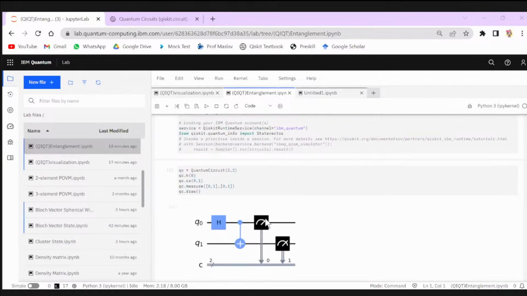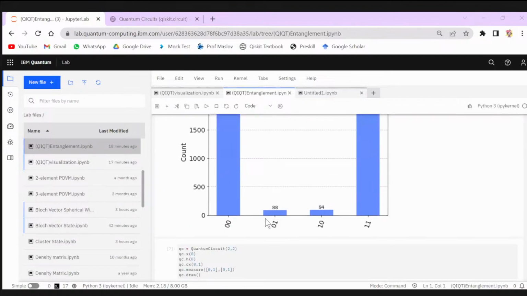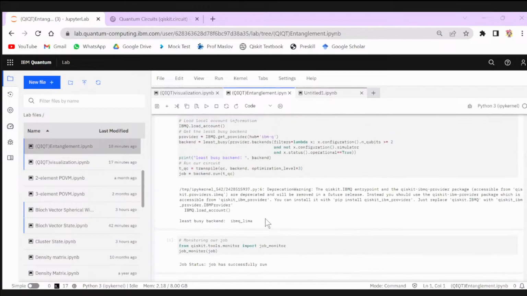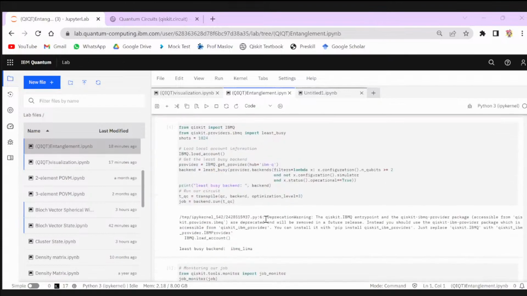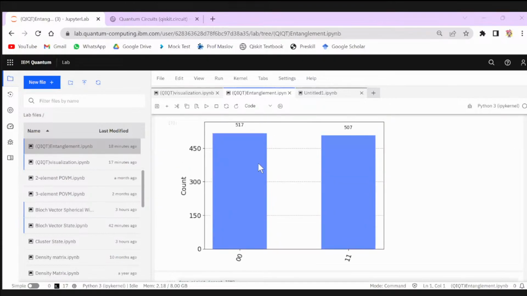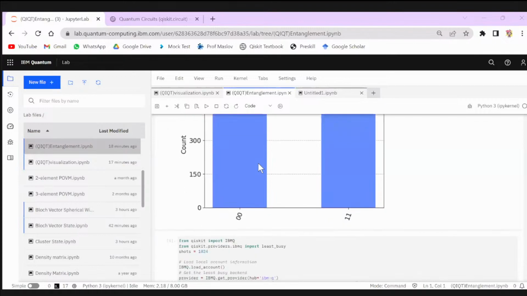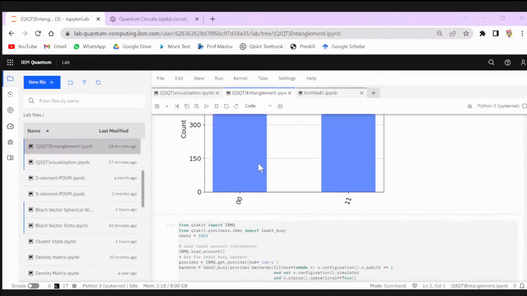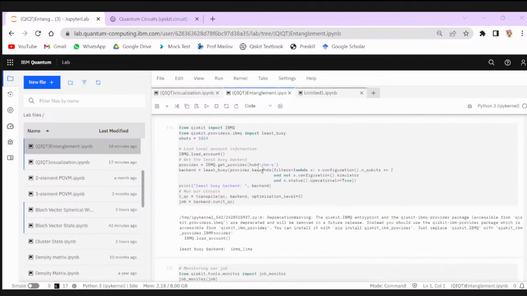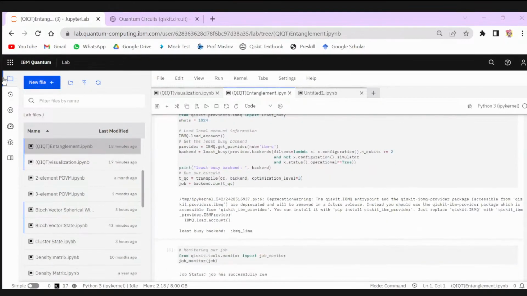Then we created the Bell circuit, ran it in the local simulator, and then tried to run it in a real quantum computer. Let's see the results. We get our results.